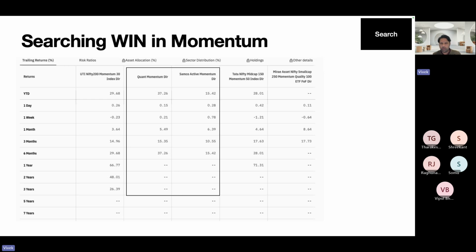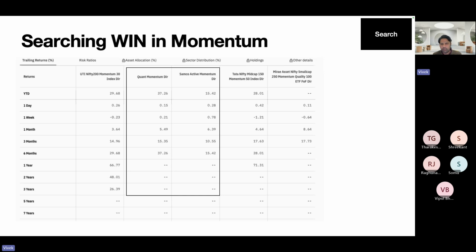So you have to probably follow these two active funds, the Quant Momentum and the Samco Active Momentum Fund, and see how they do over a 5 or 10 year period. But at the moment, if you want to approach momentum investing through mutual funds in India, there is not much option. A couple of funds have been launched, but they don't have a very long track record.